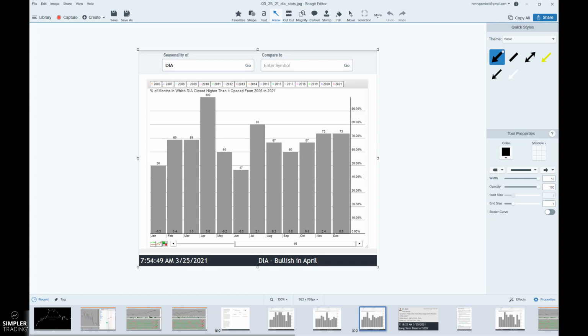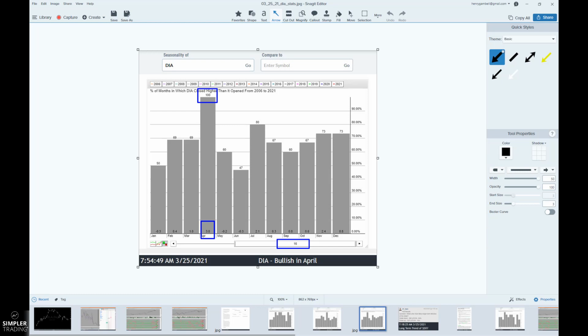This is pulling 16 years' worth of data, and in April we have been up 100% of the time, which is just to say that the monthly bar closes higher than it opens. Of course we're not going to go straight up, and you can pretty much count on a little bit of volatility, but at the end of the day, a 3% gain has been shown over those 16 years, and I think that's very much worth focusing on.